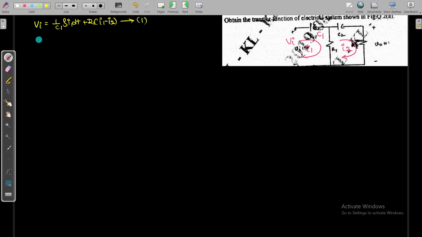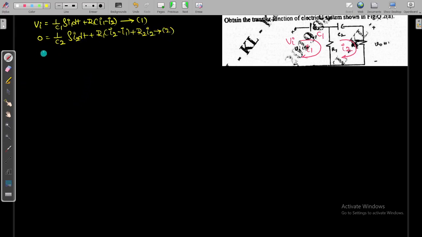The second loop equation we can write as 0 equals 1 by C2 into integral I2 dt plus R1 into (I2 minus I1) plus R2 into I2. This is loop equation number 2. What is the next step?